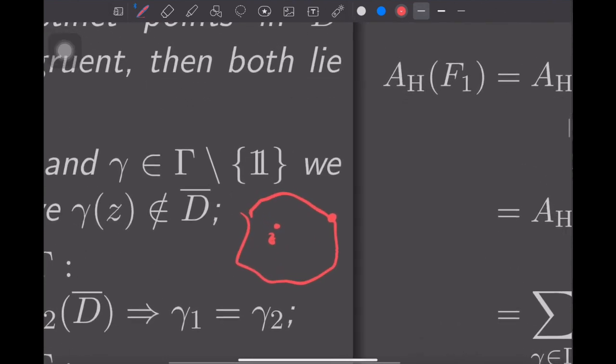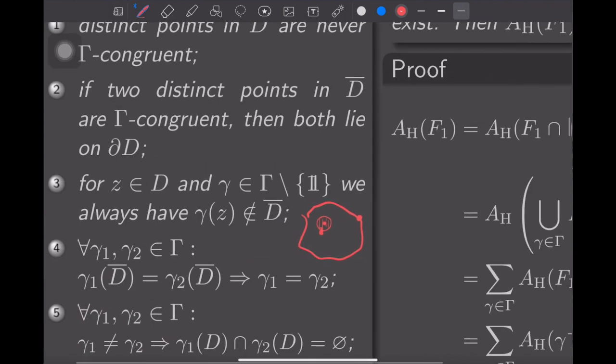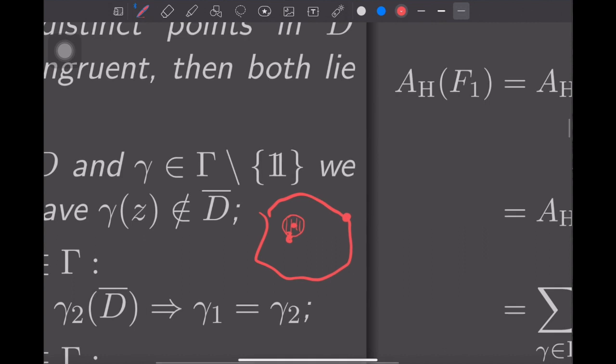But you see, D is open, so there is some disk around it, completely contained in D, and then its image under gamma would be, of course, again some hyperbolic disk, and this hyperbolic disk would contain both points from D and points from outside D. But then there would be some points in D, right, which would necessarily be different if I take this one to be sufficiently small so as not to intersect this other disk, right?